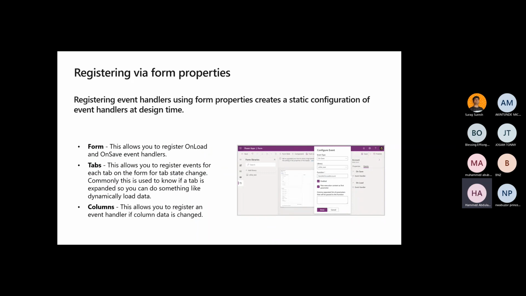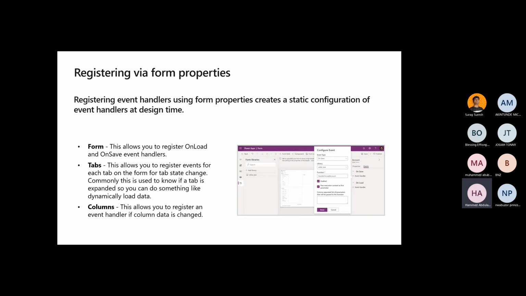Here you can also apply the scripts at the form level, at the tabs, and at the columns. Sometimes when there's an update within the columns, that change can trigger the JavaScript to perform actions.